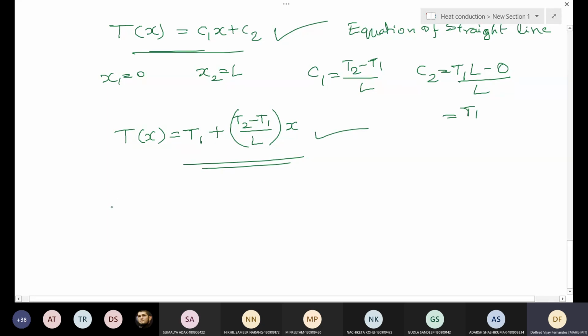But if the heat transfer is non-steady, unsteady heat transfer, then at a particular time instant you can obtain the profile.